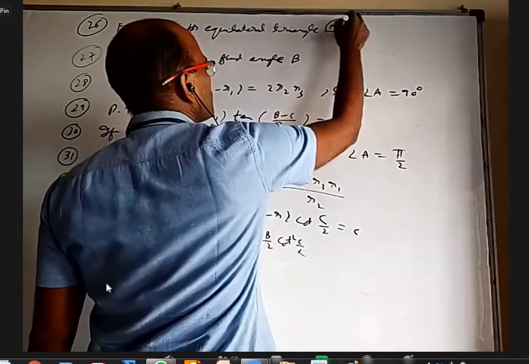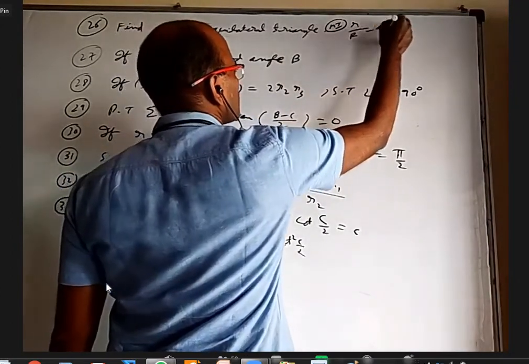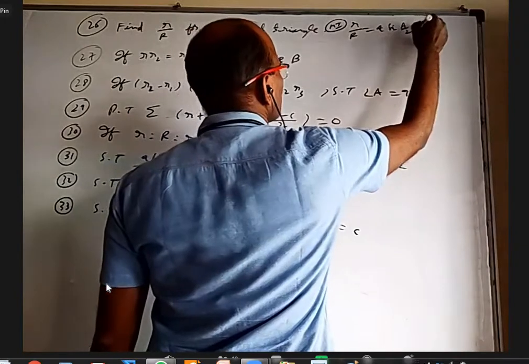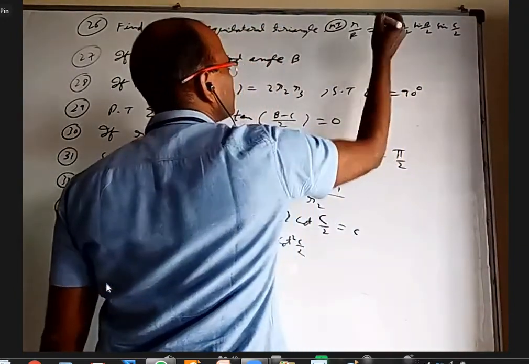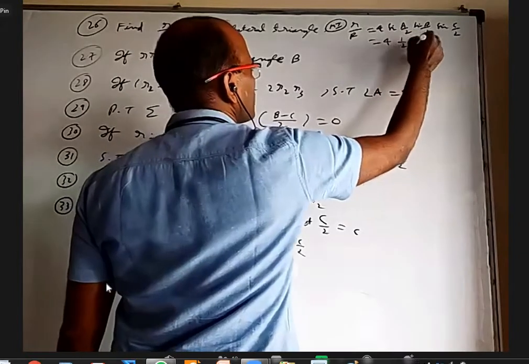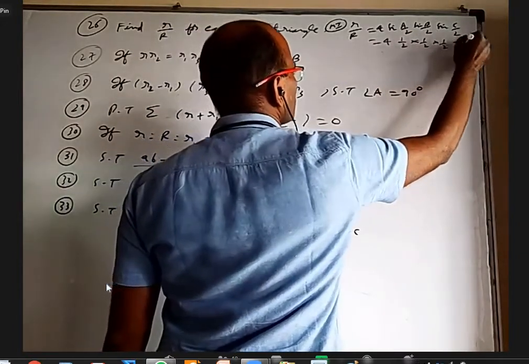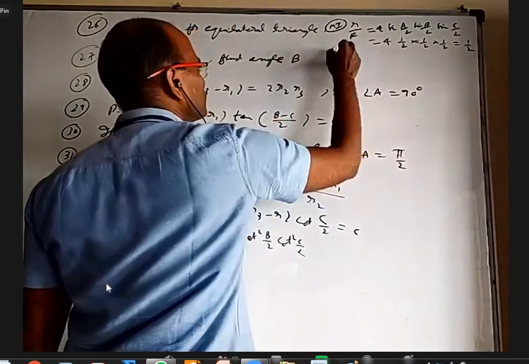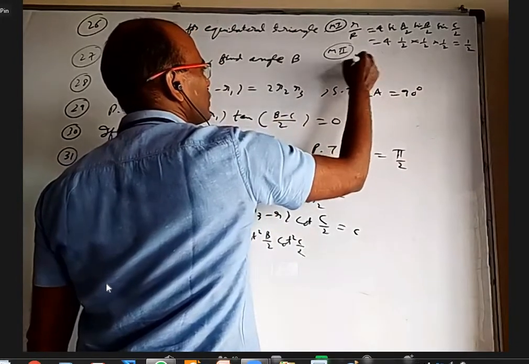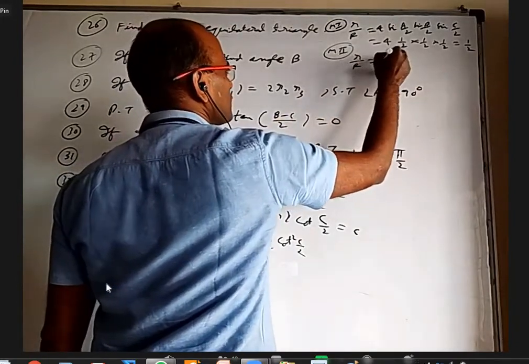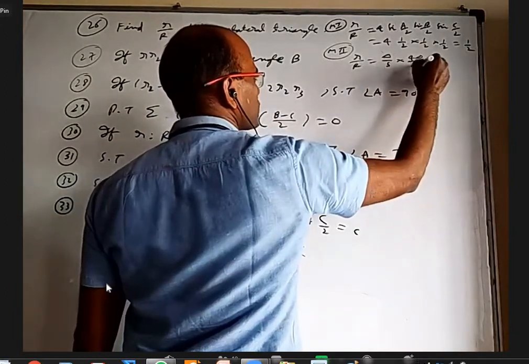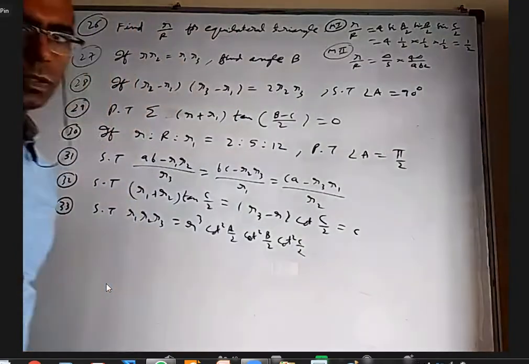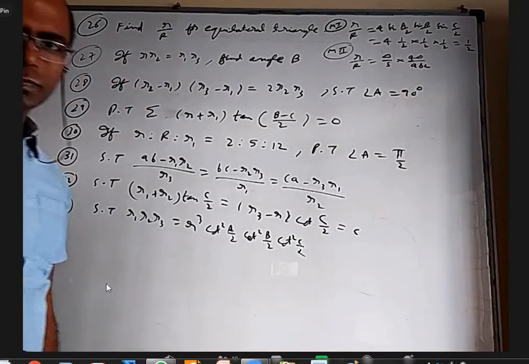So method 1, small r by capital R is 4 sin A by 2 sin B by 2 sin C by 2, 4 into sin 30, 1 by 2, 1 by 2, 1 by 2. So you'll get 1 by 2. Method 2, small r by capital R is delta by S and 4 delta by ABC. And substitute everything.